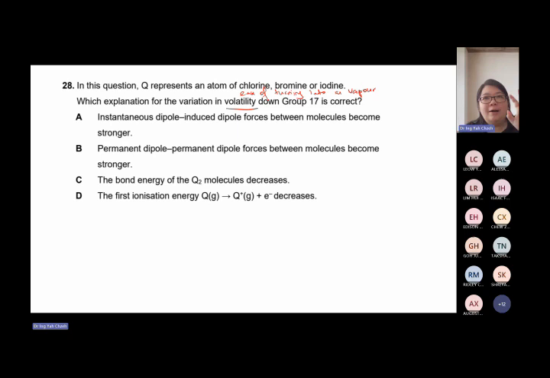So you are overcoming the intermolecular forces, because becoming gas means we're talking about boiling point. Whenever you need to talk about boiling point, you have to think of the intermolecular forces. So if Q is chlorine, bromine, or iodine, Cl2, Br2 and I2, you talk about the intermolecular forces between these molecules. They are all non-polar molecules.